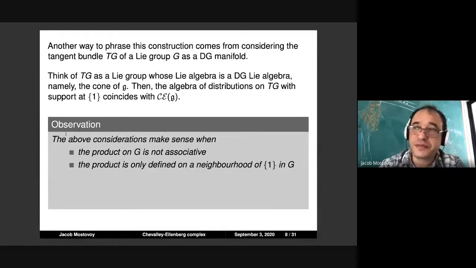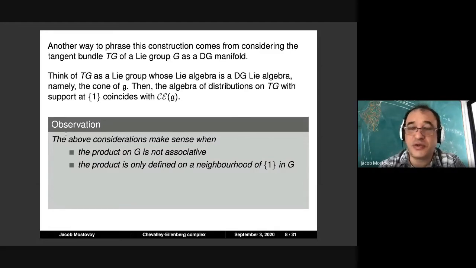Non-associative products appear, for instance, on homogeneous spaces. This is the main source of non-associative products, and there is a canonical way to construct it, but it's always going to be local. Also, if you don't like to think about homogeneous spaces, think of the Cayley-Dickson process, for instance.